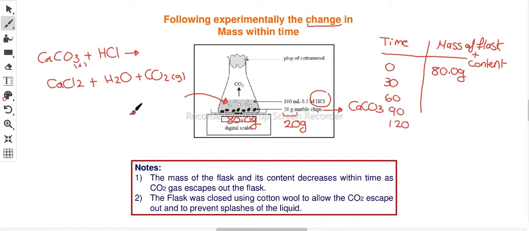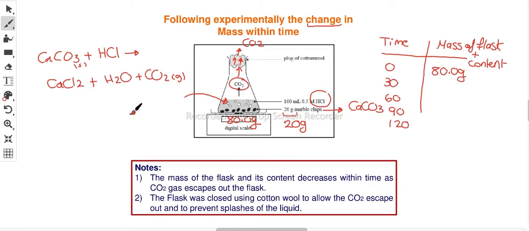So now the question: what happens to the mass of the flask and content? According to my chemical reaction, carbon dioxide will be formed. The carbon dioxide can easily go through the cotton wool and escape outside. So the mass of the flask will decrease. It will become smaller and smaller.